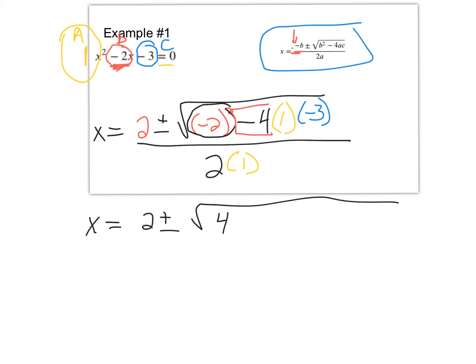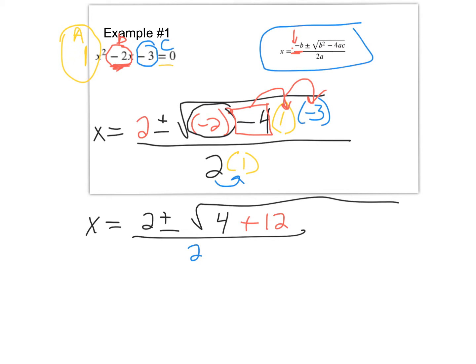We take this negative 4 times 1 and get negative 4. Then we take that answer and multiply by negative 3, and we get positive 12. So this turns to plus 12, all divided by 2 times 1, which is just 2.